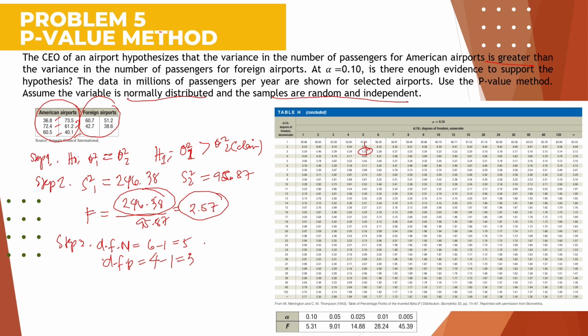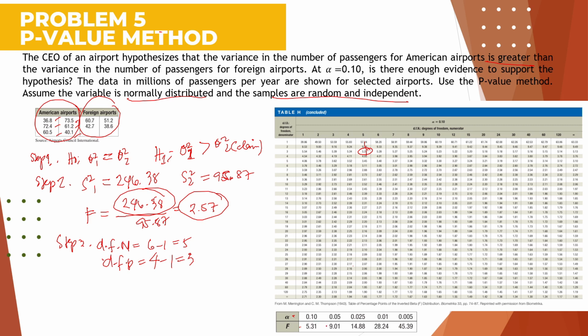If we observe our table, our alpha is equal to 0.10, 0.05, 0.025, 0.01. Since our F value 2.57 is less than 5.31, if we look here, when the F value is getting smaller, the alpha is getting bigger.